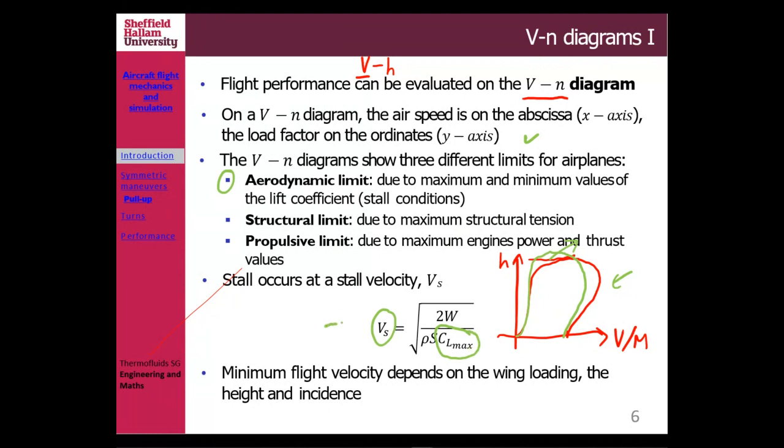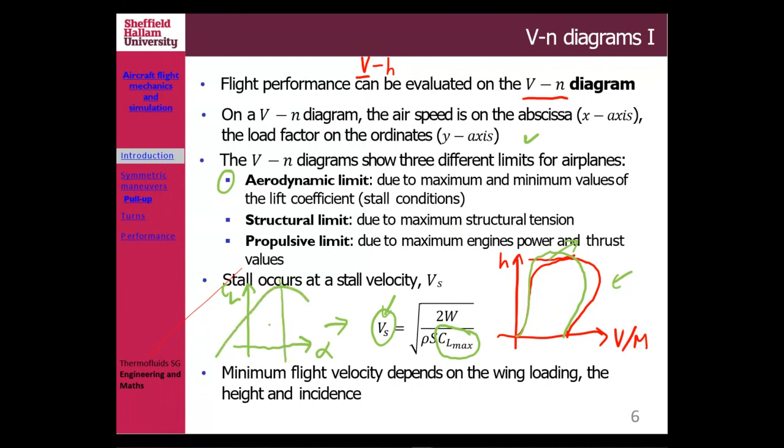I believe you have seen this a few times already, which is the equation for the speed: the square root of 2 times W, the aircraft weight, divided by rho S CL. Now, if you want to consider the minimum speed, or stall speed, I always draw that in class. This is your CL-alpha curve, for example, and a typical one looks like that.